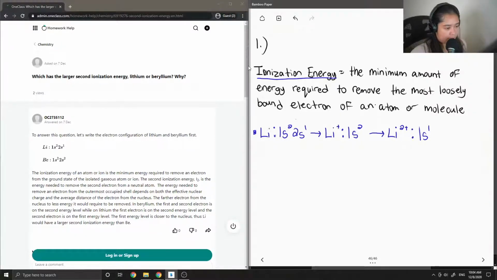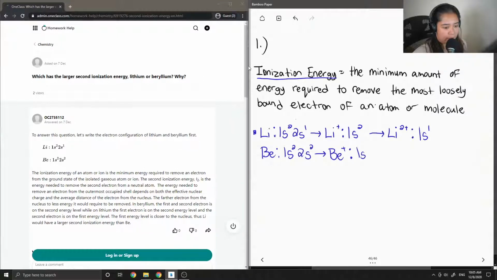So now let's do the same thing for beryllium. Beryllium has an extra electron, so its electron configuration is 1s2, 2s2. If we were to remove one electron, this is called the first ionization energy.